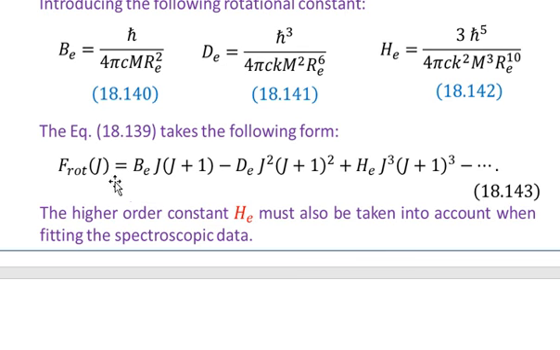So F rotational of J is equal to Be into J times J plus 1 minus De into J squared times J plus 1 squared plus He into J cubed times J plus 1 cubed minus and so on. So you see that here in the expansion, I have introduced the constant Be, the constant De, the constant He defined in equation number 140, 141 and 142 respectively.